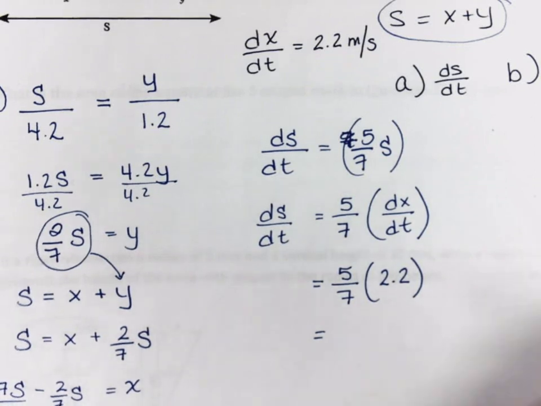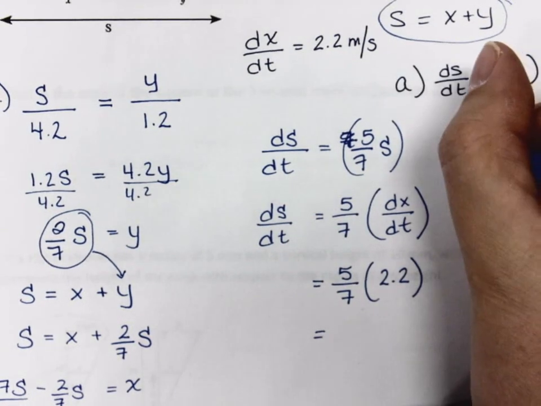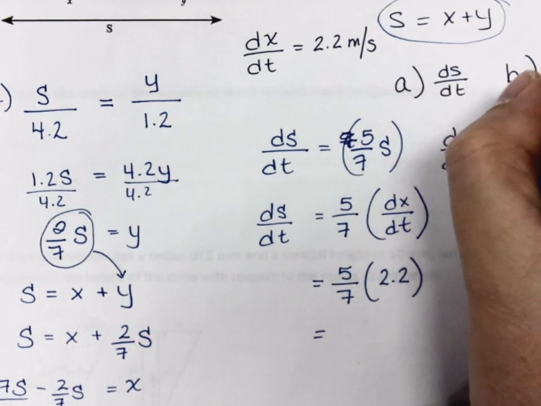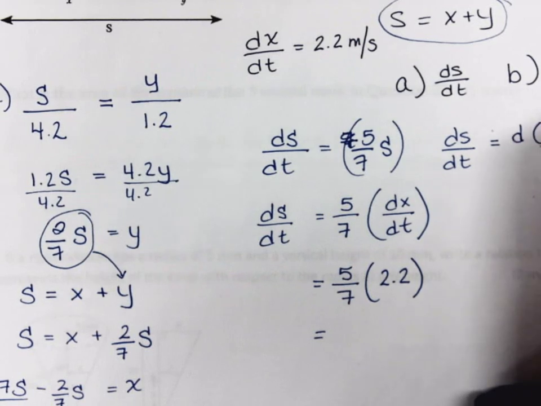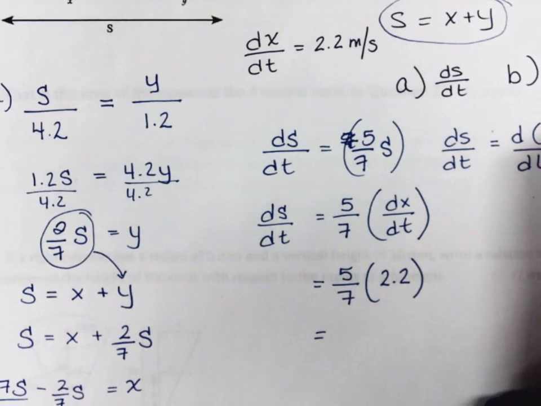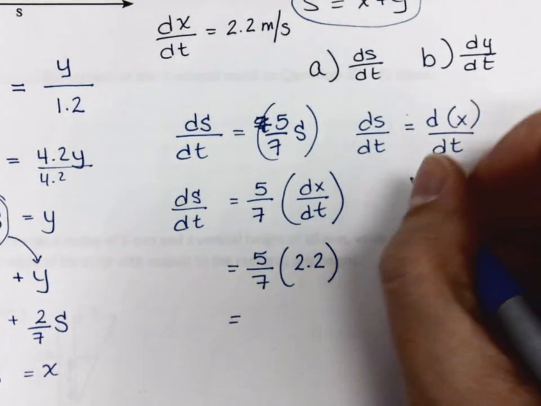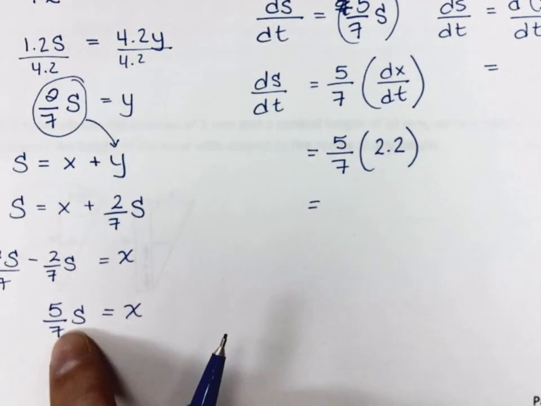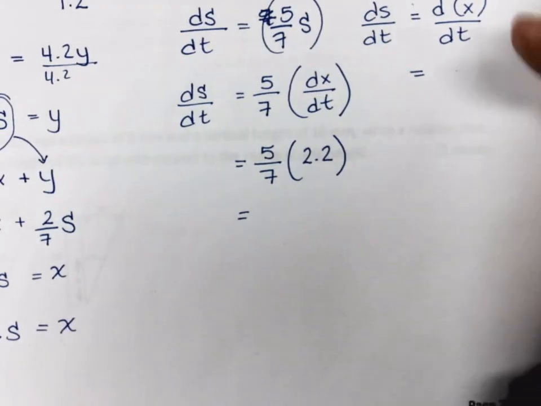So maybe this is a better way to write it. ds over dt is going to be the derivative of x, and we know that x is this right here, right?